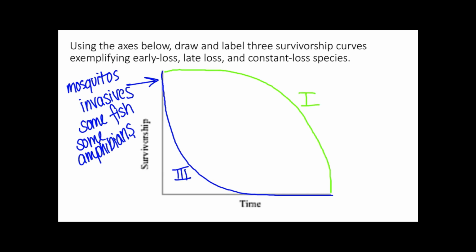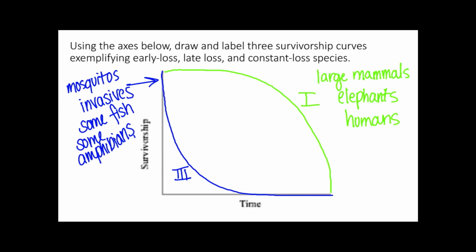That one's green, kind of hard to see. So this would be like large mammals, elephants, humans. We don't typically have a lot of babies at once.